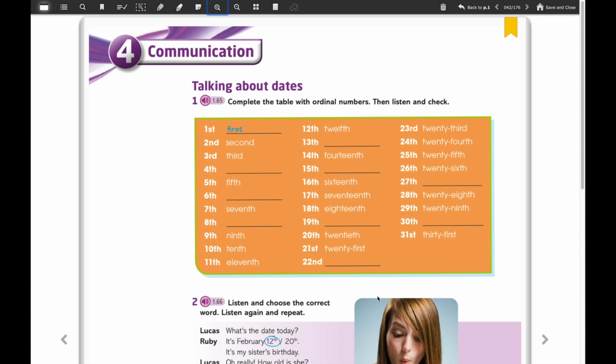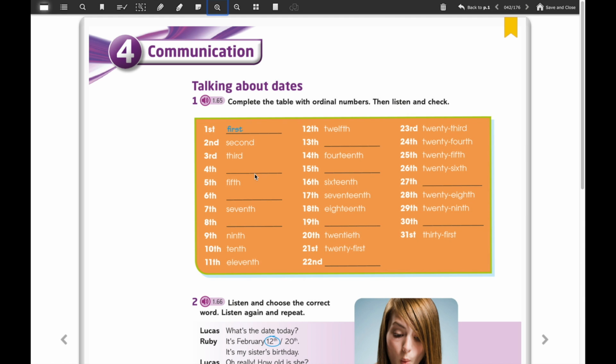What is the first exercise that we're going to work for this communication part? You have to complete the table with ordinal numbers, okay? Then you're going to listen and check. Here you have first, second, third, and what is the number that is here?